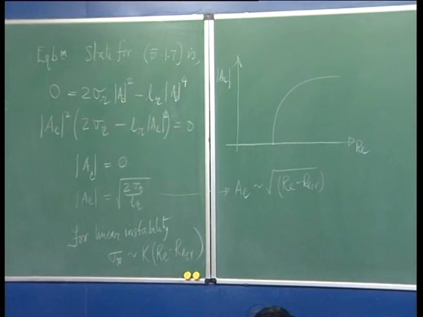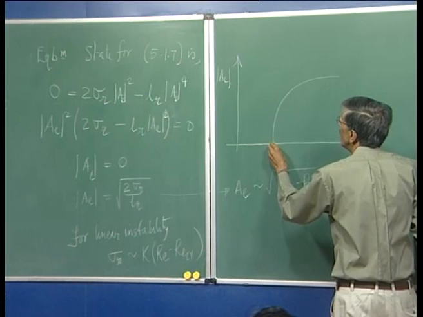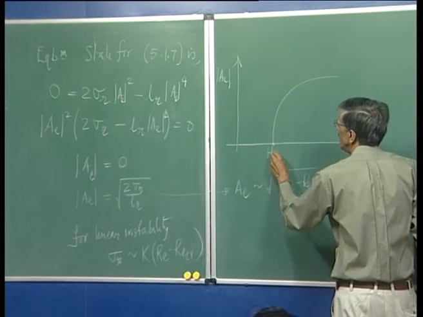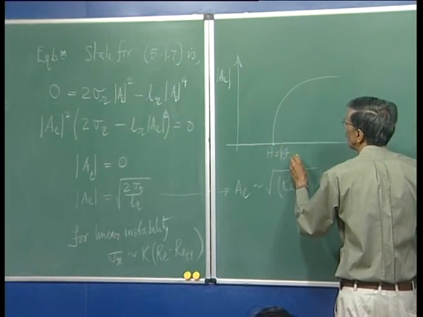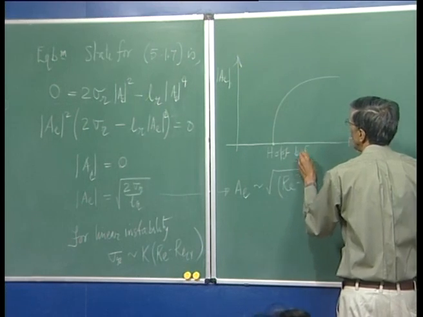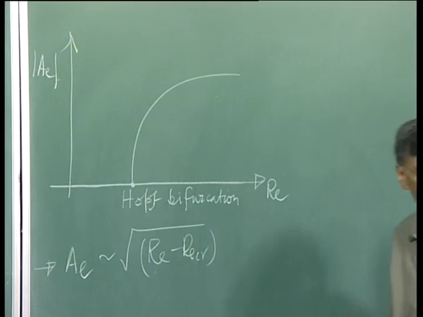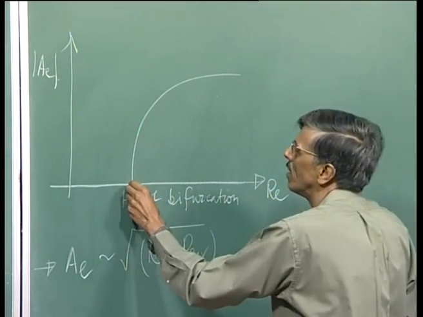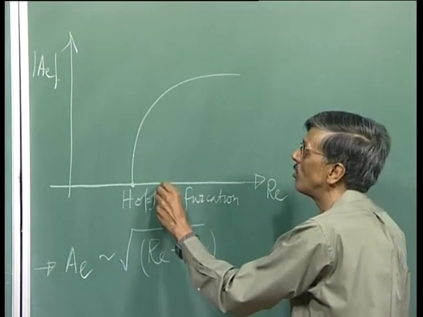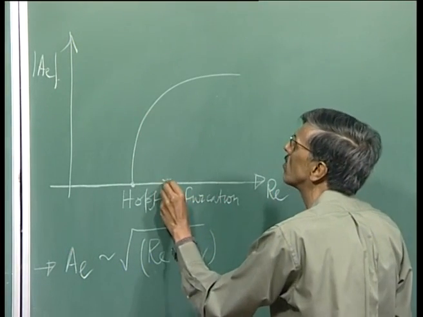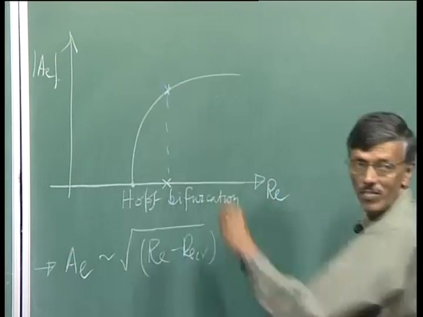right. And we said that this is your Hopf bifurcation. You can have two states. This is a beautiful simple example of Hopf bifurcation, where beyond the critical Reynolds number you can have two states, either this or this.